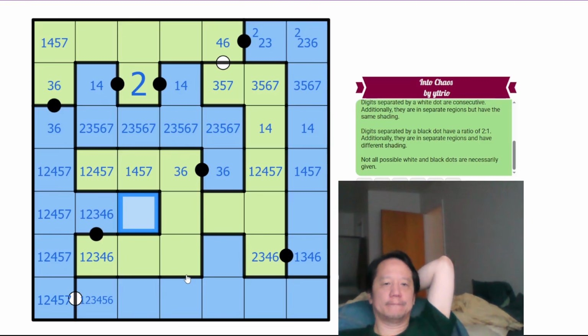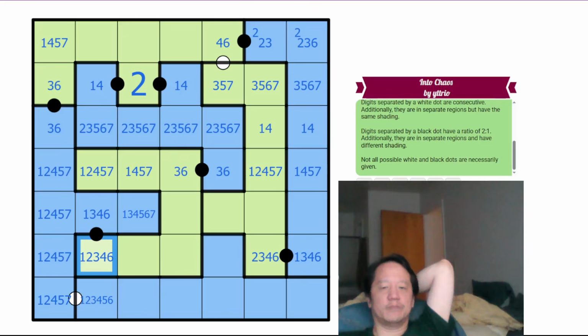Okay. We are guaranteed a 2 here because this can't be 2. So that eliminates 2 in the rest of the region. So it's 1, 3, 4, 5, 6, 7 there.